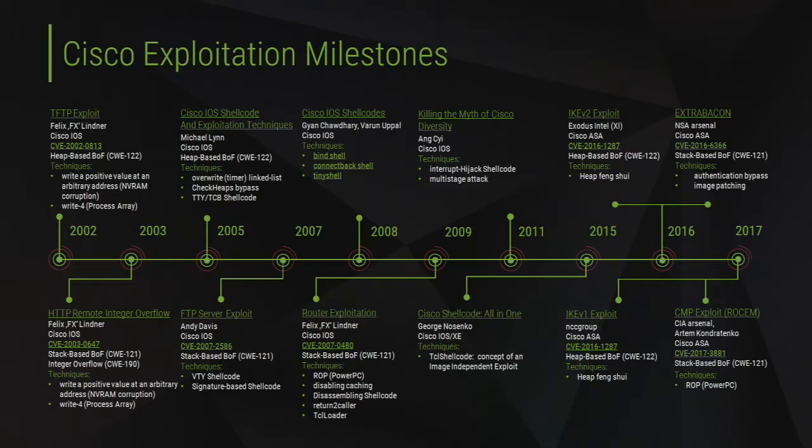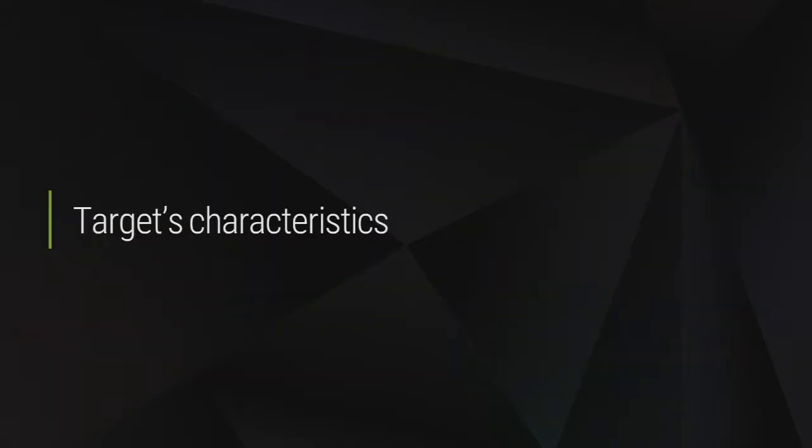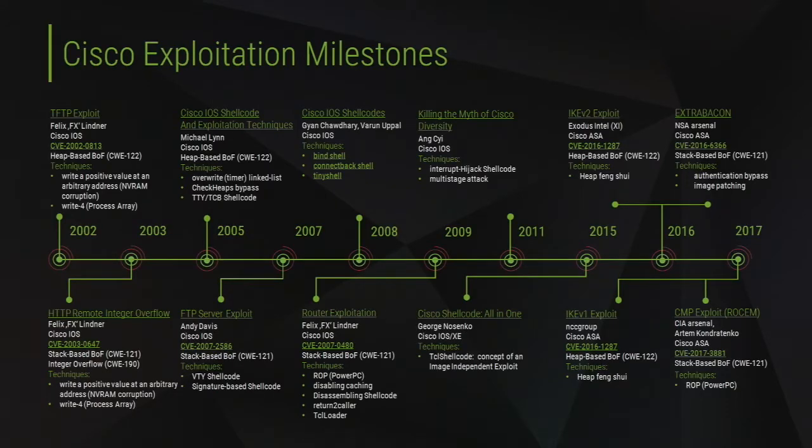The first one, EKE exploit for CVE-2016-1287, became the winner in the Pwnie for best server-side bug category. The second one, Extrabacon, is one of the NSA tools. It exploits a vulnerability in the implementation of the SNMP protocol.